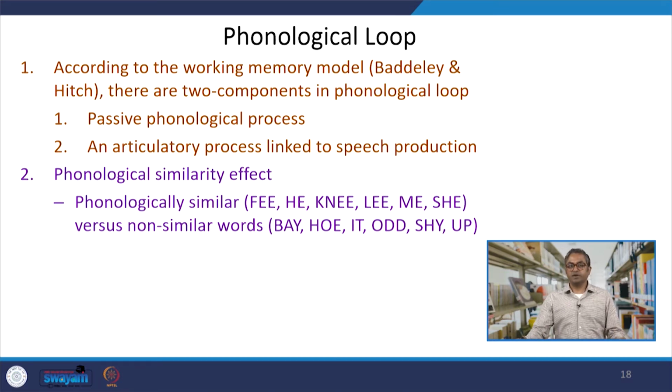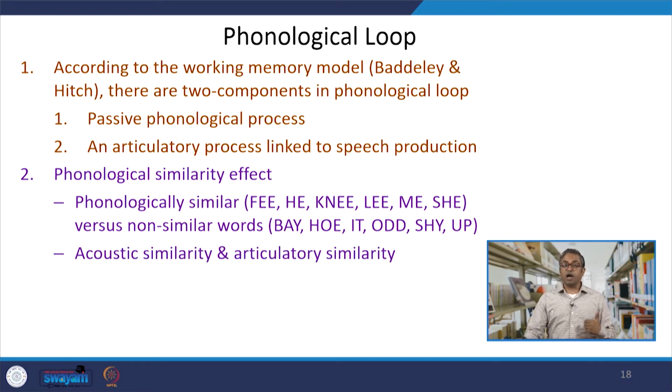Or the sound similarity. For instance, for phonological similarity, if you see fi, he, ni, li, me and she, they sound similar, unlike words like be, ho, it, odd, shy and up.